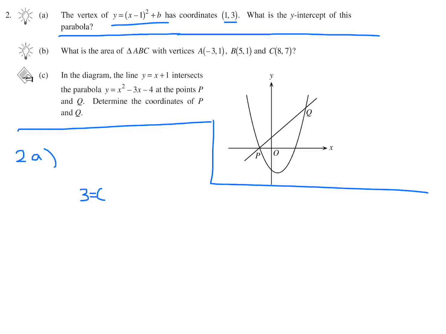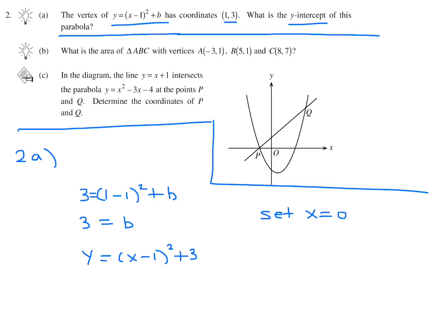So we've got 1 minus 1 squared plus b. So this looks like 0 plus b, so b is 3. So we go back and put that value of b in our equation to make the equation complete. Now they're asking for the y-intercept. You find the y-intercept by setting x to 0.